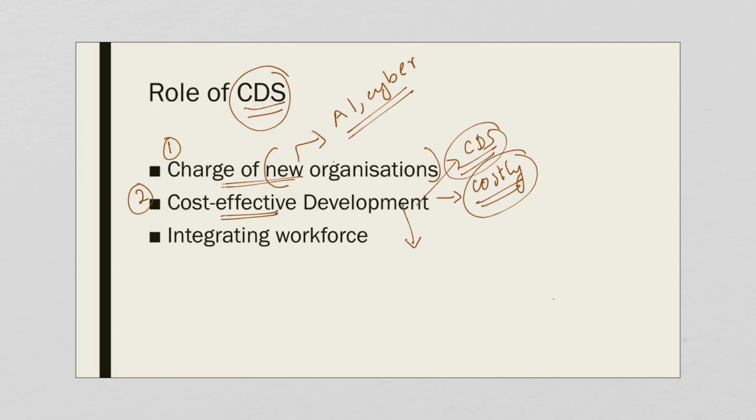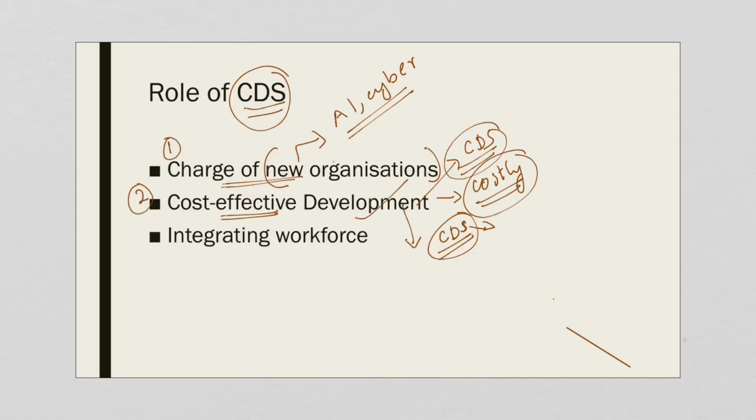This is possible because the CDS will be able to coordinate and integrate various services like Army, Navy, Air Force, etc. So by effective integration and coordination of these tri-services, cost effectiveness can be ensured. And also the CDS can play a vital role in prioritizing what is required and also in rationalizing.